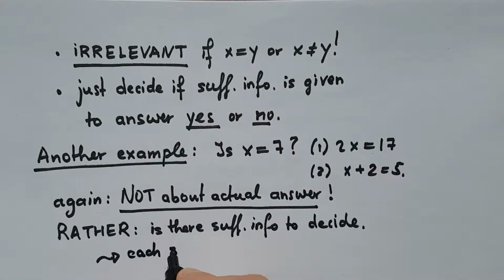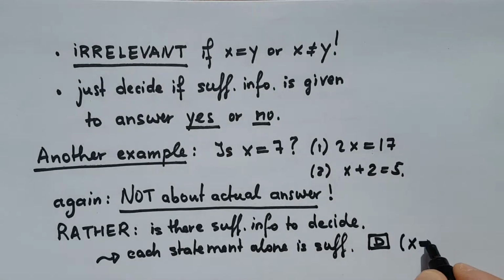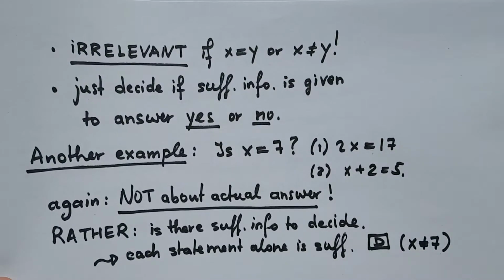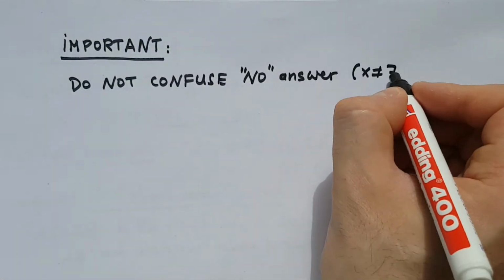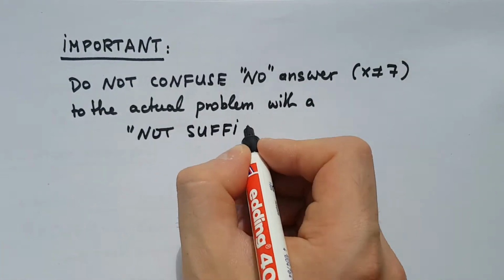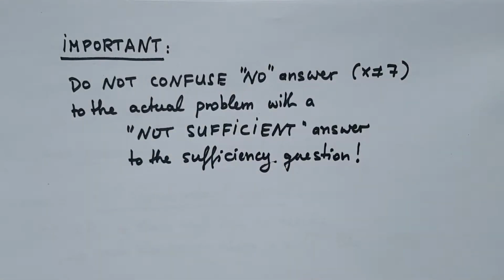In this case, each statement alone is sufficient, and the correct answer is D, even though for both statements x will not equal 7. Now, it is important not to confuse a no answer to the actual problem, x equal to 7, with a not sufficient answer to the sufficiency question.